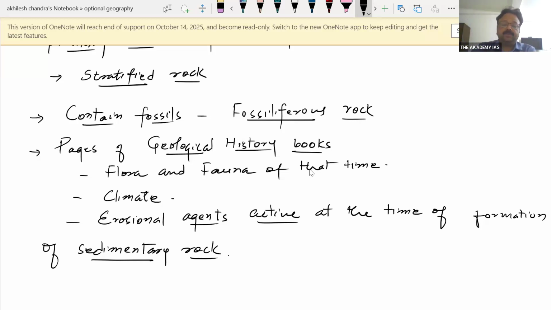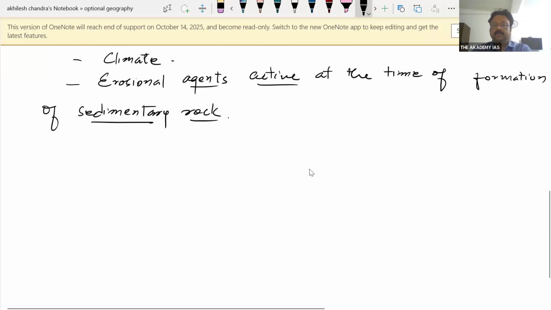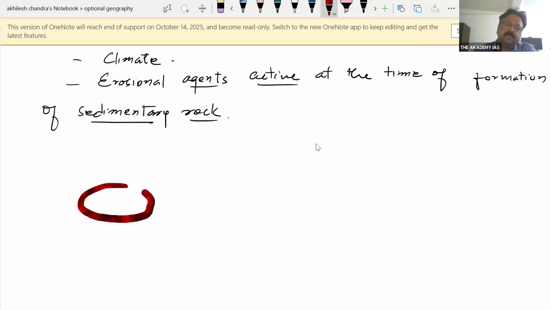So let me explain the process of formation. There will be an igneous rock, which is nothing but solidification of magma, which is also called as primary rock, parent rock. This is igneous rock.